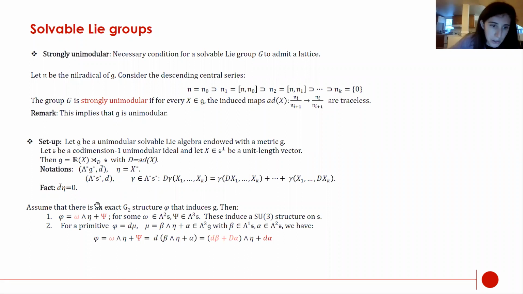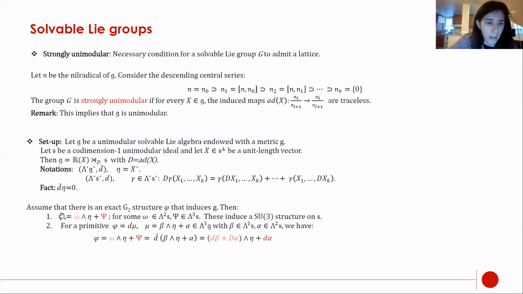So now we're going to assume that in such a Lie algebra G, we have an exact G2 structure phi that induces the metric that we already fixed.